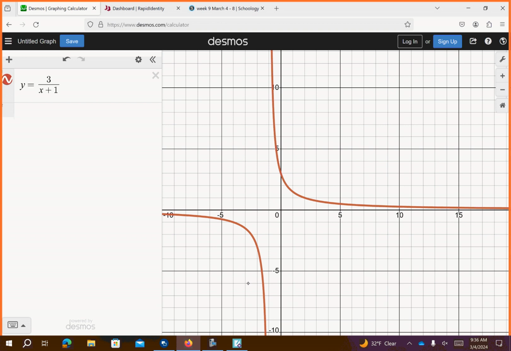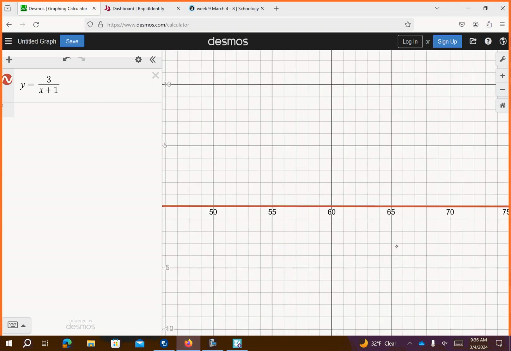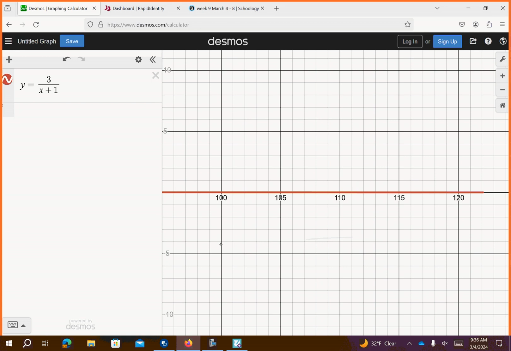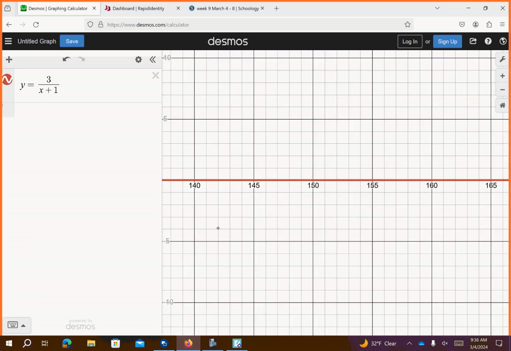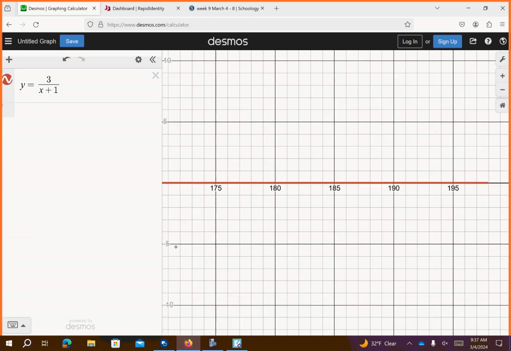As I go out this way to the right, what horizontal line am I getting really close to if I keep going further and further? Do you think it's ever going to cross the x-axis, or do you think it's going to get really close to the x-axis? I can get to right here. Notice as I'm coming across, it's getting small.